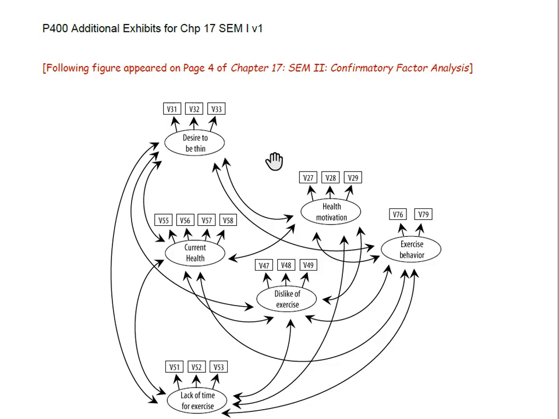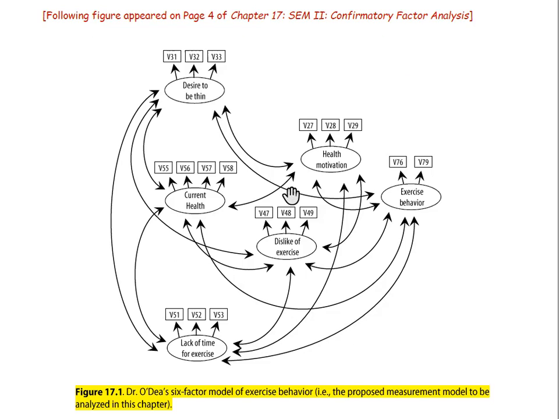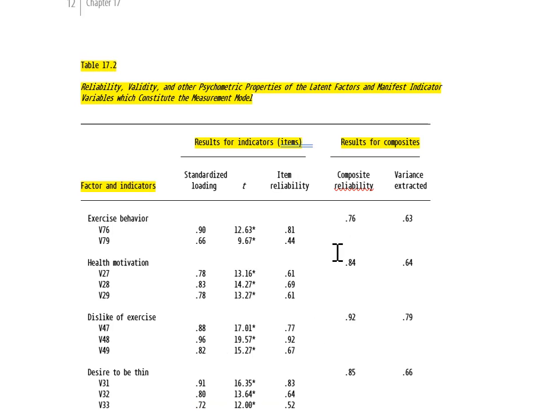The first page of that handout provided the measurement model that Dr. O'Day was going to assess. One of the factors that she was going to assess was exercise behavior factor. It was measured by the indicator variables V76 and V79. That is exactly what we see in Table 17.2. The factor was exercise behavior, and these are the indicator variables that measured it.